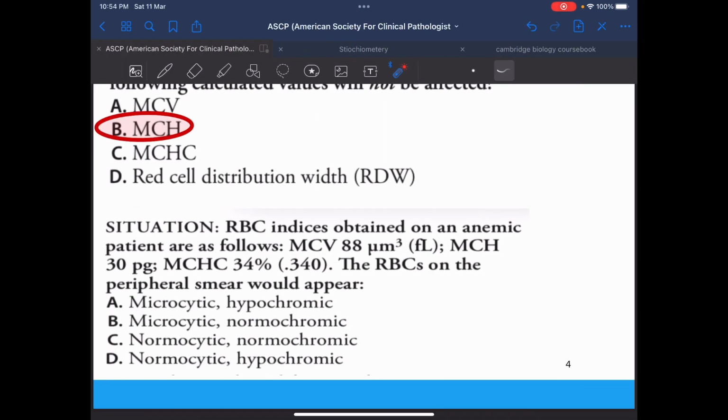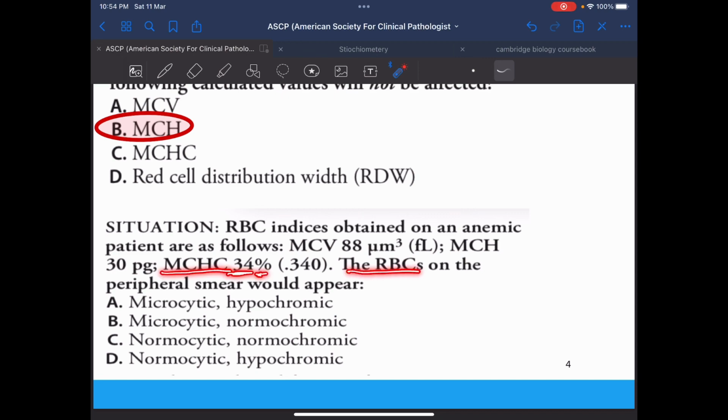Next question. You have a scenario here. RBC indices obtained on an anemic patient are as follows. MCV is 88 femtoliter. MCH is 30 picogram. MCHC is 34%.